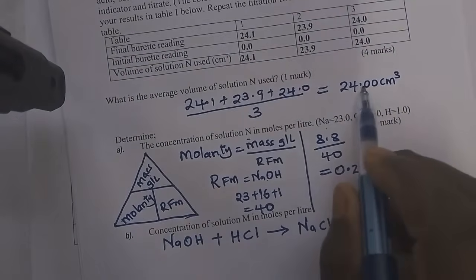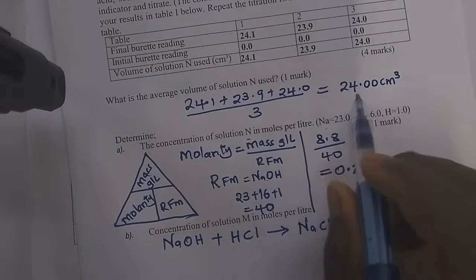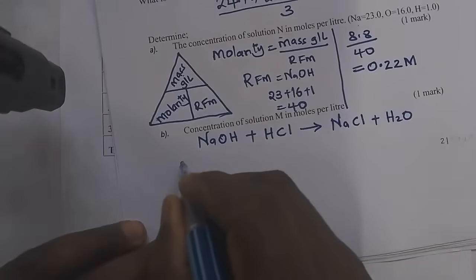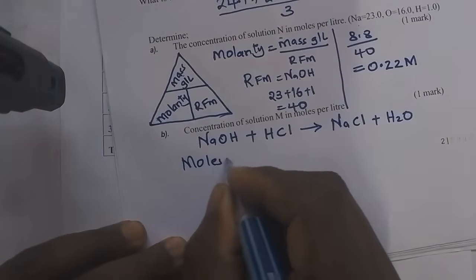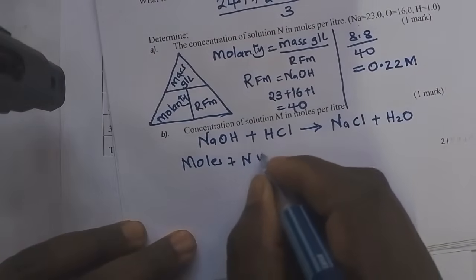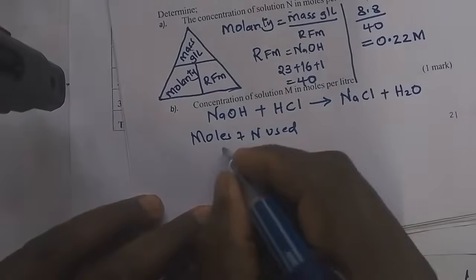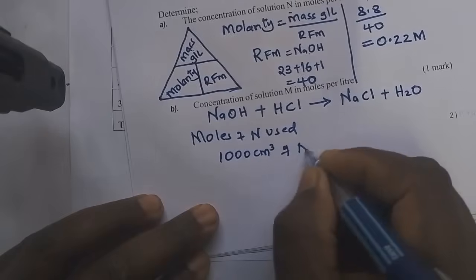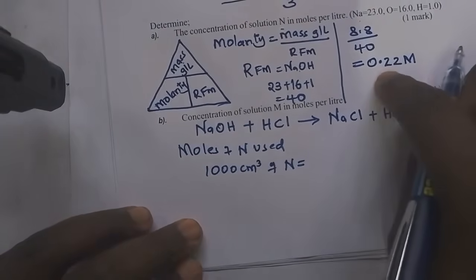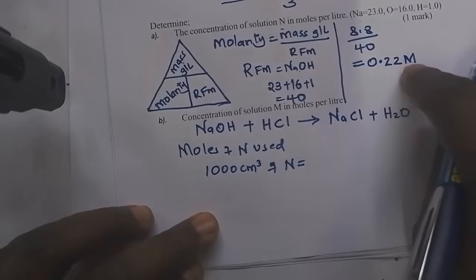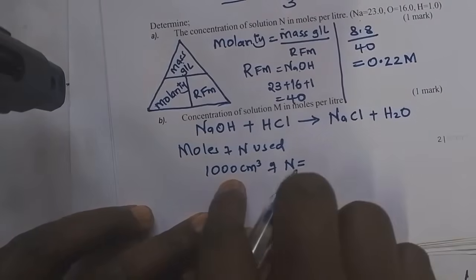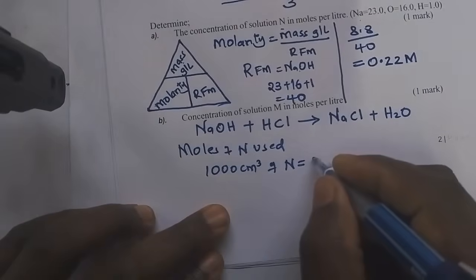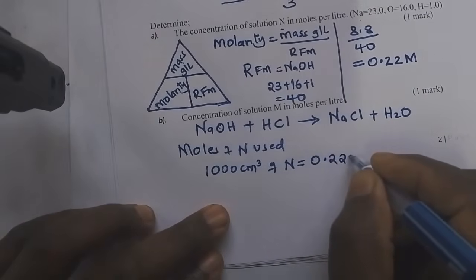We can get the number of moles of N we used, then we will know automatically the number of moles of M. So moles of N used, 1,000 centimeters cube of solution N is equal to this, because this is molarity. Molarity is the number of moles in 1,000. M stands for number of moles in a liter. A liter is equal to 1,000 centimeters cube. So this one contains 0.22 moles.